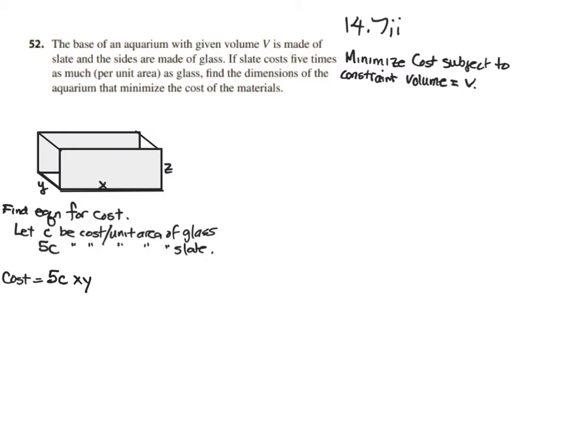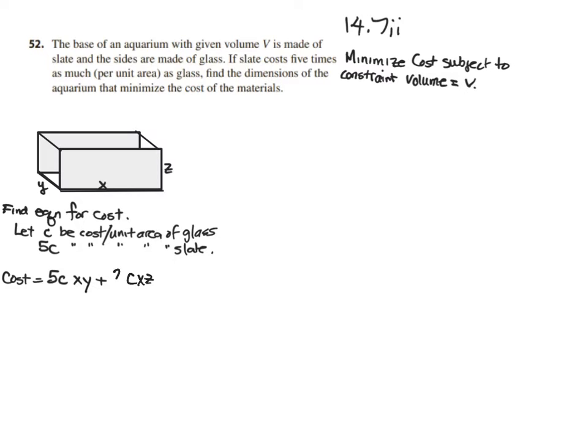That is the cost of the base. The front is made out of glass, so the area is x times z. The cost per unit area is this constant times that, so C times xz. That's the cost of the front.